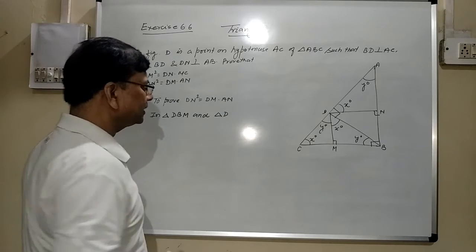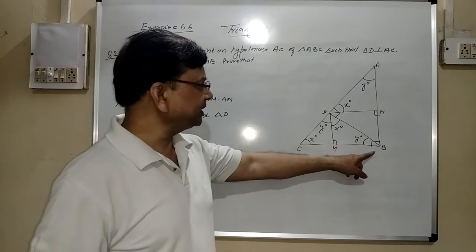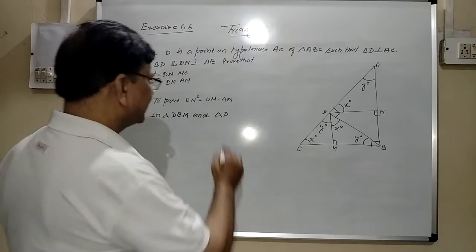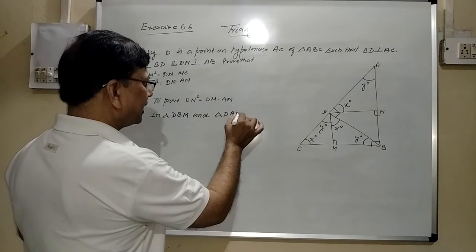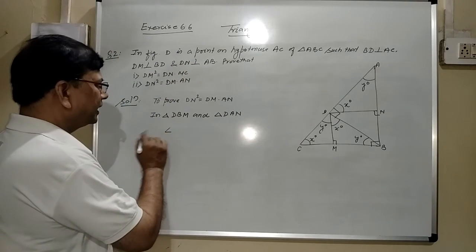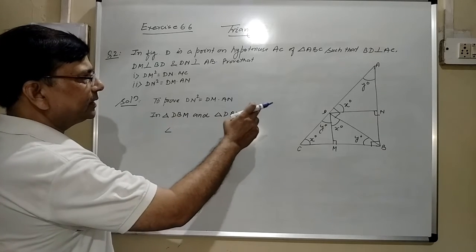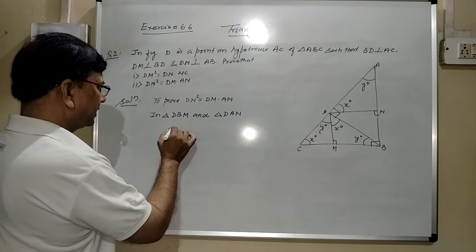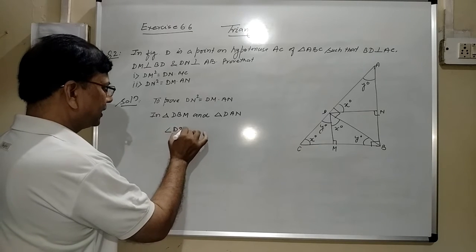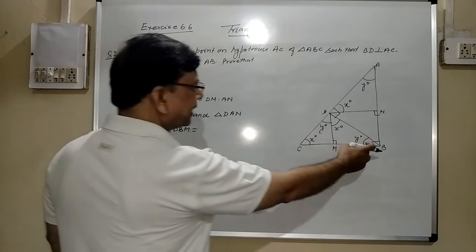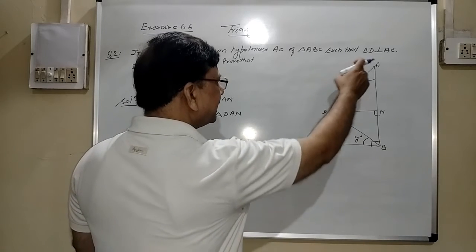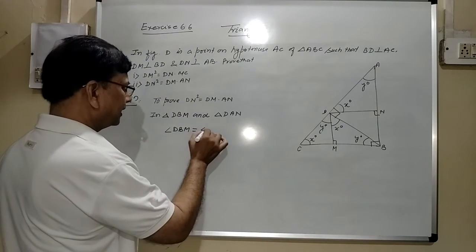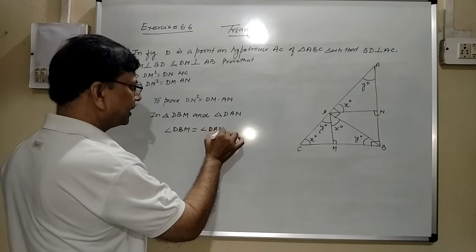So D, B means y, here it is A, so DAN. Angle DBM, that is y, it is angle DAN.